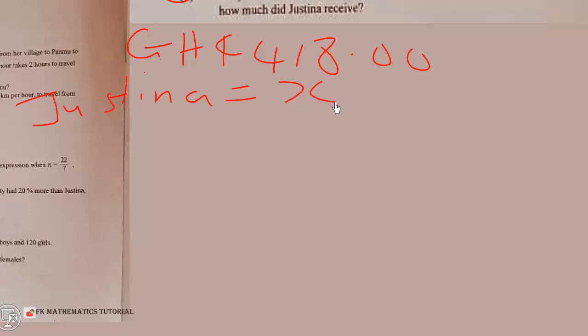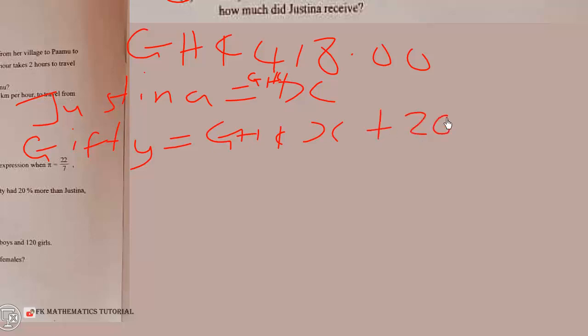Then we're told that Gifty will have 20% more than what she has. So Gifty will get Ghana cedis X, then plus 20% of it. So 20% of X.